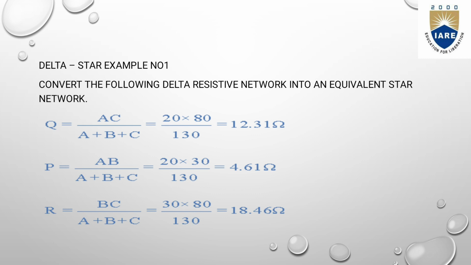To get the resistors Q, P and R, we already have the formulas: AC by A plus B plus C for Q, AB by A plus B plus C for P, and BC by A plus B plus C for R. If you substitute R1, R2, R3, that is A, B, C values in these formulas, you will get Q, P and R as shown.